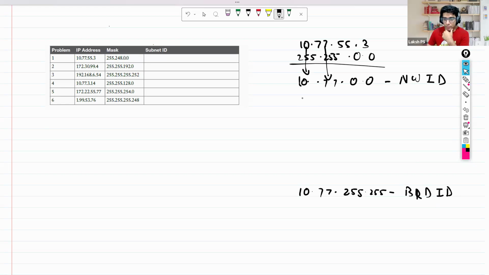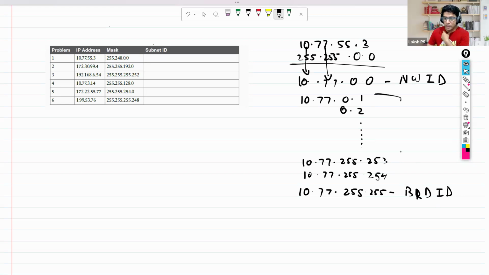And the numbers starting from 10.77.0.1, 0.2, up till 10.77.255.253, 10.77.255.254, these are the usable IPs. The network ID and the broadcast ID are the two IP addresses which we cannot assign.